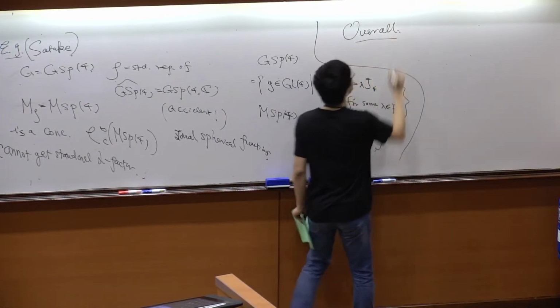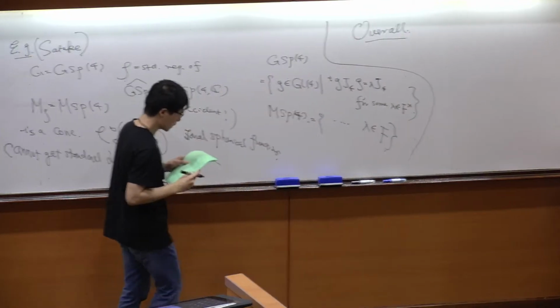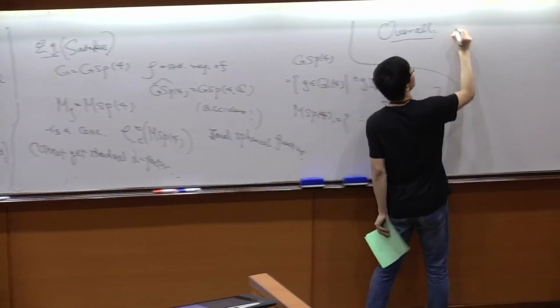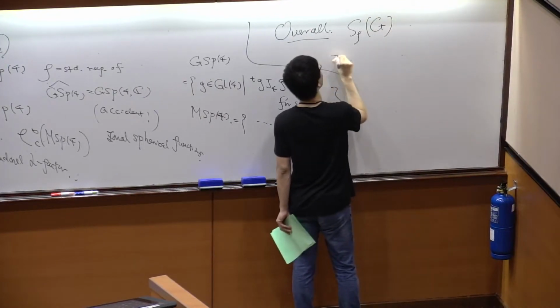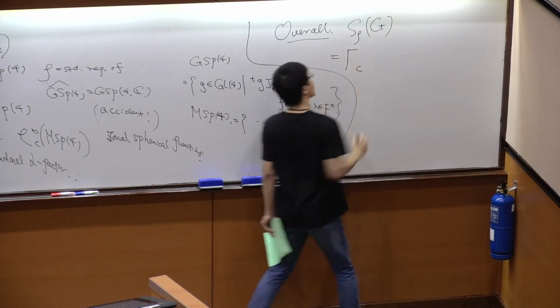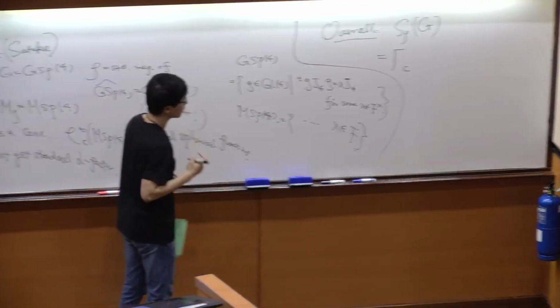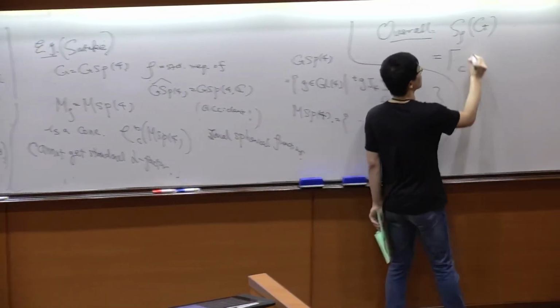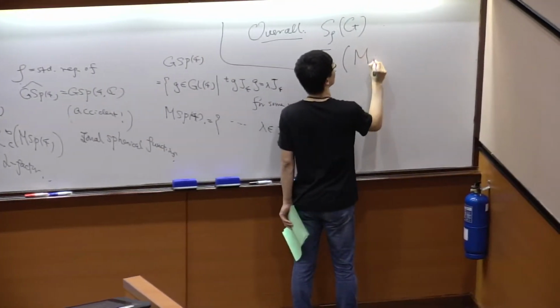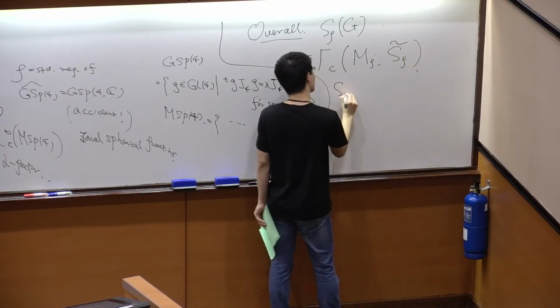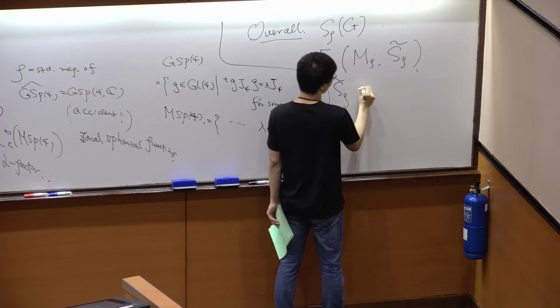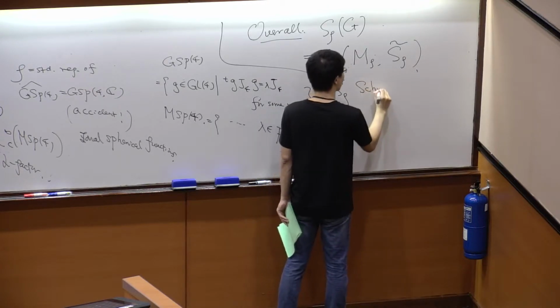Then overall, we expect that our Schwartz space S rho of G should be the compactly supported sections of some Schwartz sheaf on the reductive monoid. This S rho is something called the Schwartz sheaf.